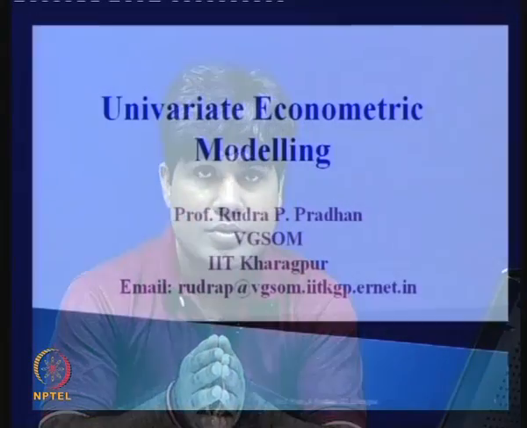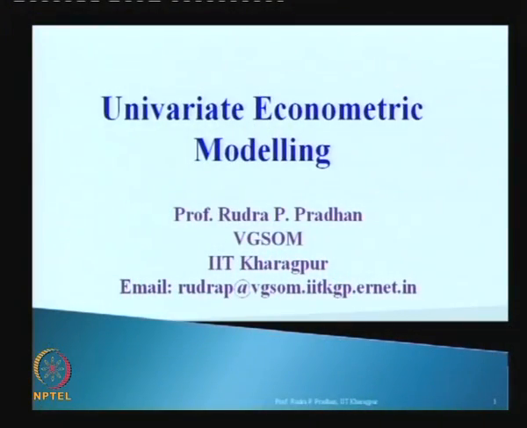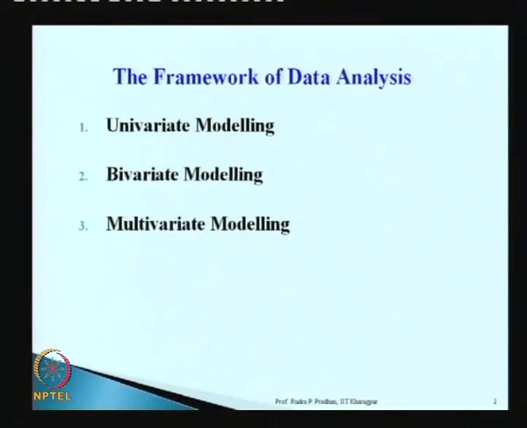First of all, what is univariate econometric modeling? It is a statistical analysis that considers only one factor or variable at a time. It explores each variable in a data set separately and is very essential for multivariate analysis.